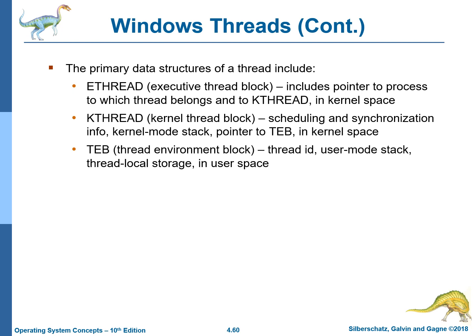The primary data structures of a thread include the ETHREAD, the executive thread block, which includes a pointer to the process to which the thread belongs and to the KTHREAD in kernel space. KTHREAD, the kernel thread block, holds scheduling and synchronization info, the kernel mode stack, and a pointer to the TEB in kernel space.